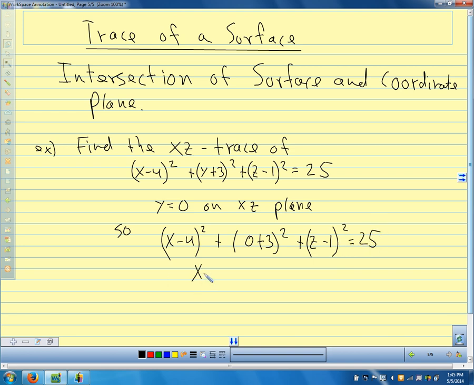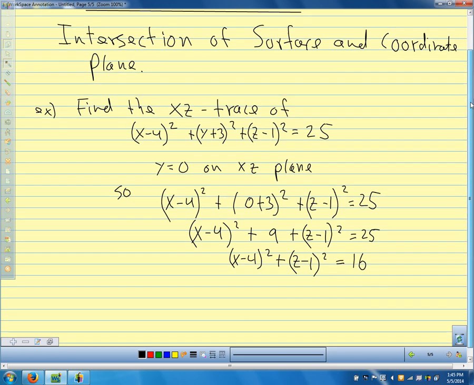So I get (x minus 4) squared plus 9 plus (z minus 1) squared equals 25. And I simplify this: (x minus 4) squared plus (z minus 1) squared equals 16. So I get a circle in the xz plane.